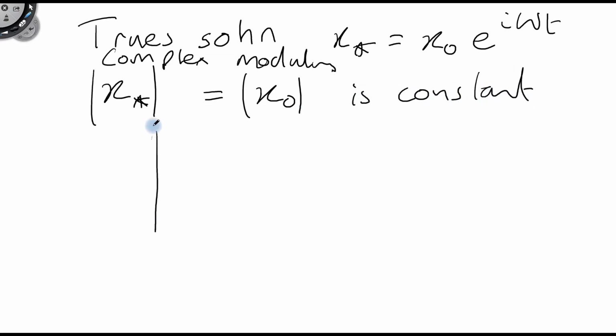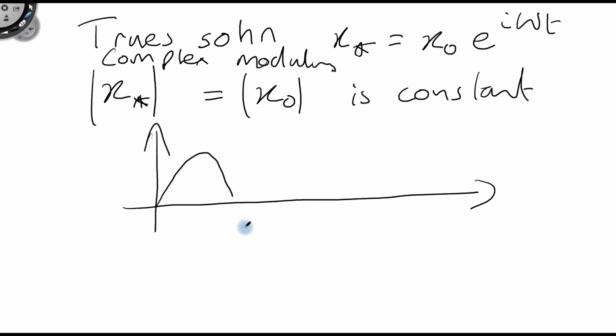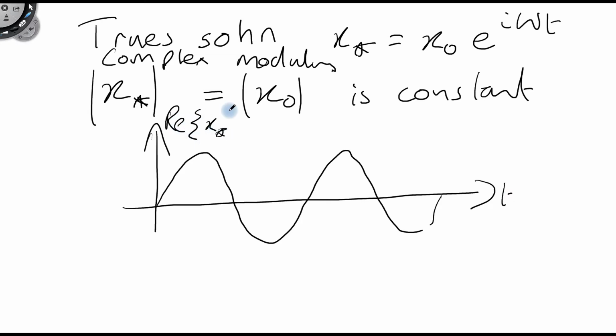What this corresponds to intuitively is an oscillatory wave set by the initial conditions. In this case it's a sine wave, and this is the real part of x star. This solution has an amplitude of oscillation.